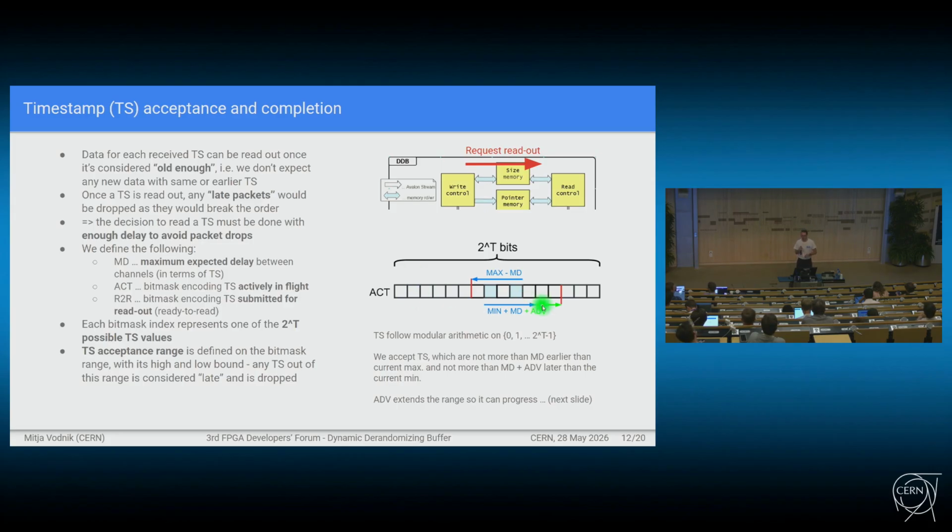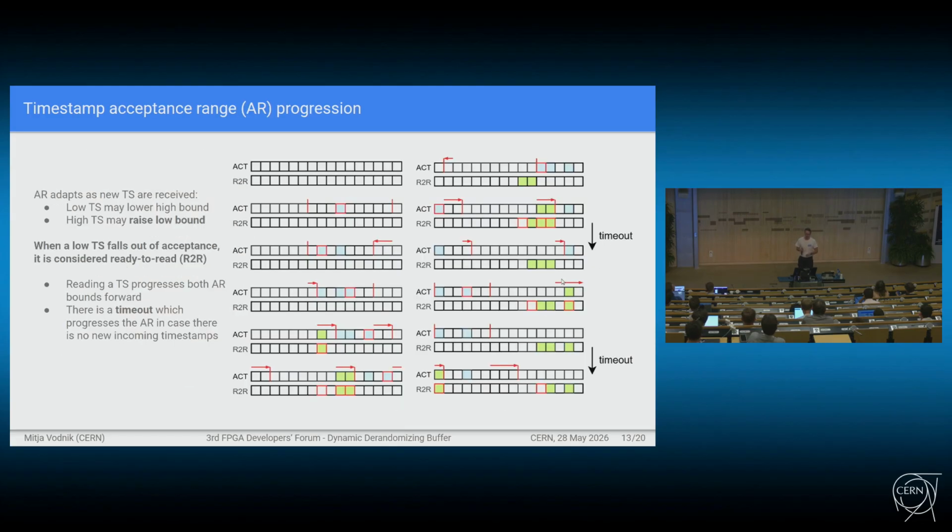So this range has a bit of an advanced acceptance area, which allows new timestamps to move this range forward. How this looks is we are receiving new timestamps. The blue timestamps here represent active timestamps, but not yet completed.